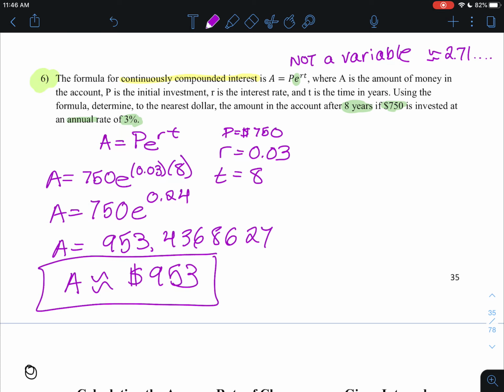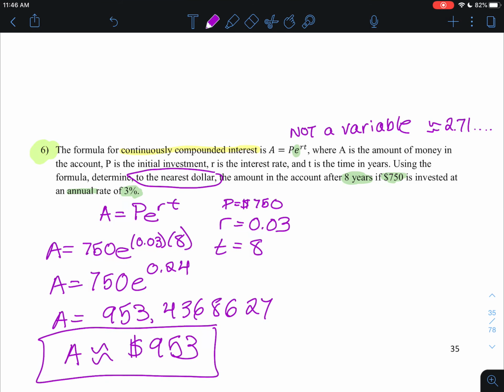Because if you look at the instructions, they said to the nearest dollar. So always round to whatever the question is asking you to. And that's pretty much it for this problem. So again, with continuously compounded interest, there's not a period, there's not an N value, because it's constantly refreshing itself and updating, and you're constantly earning interest throughout the year.